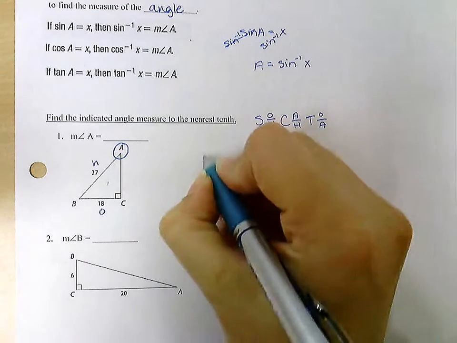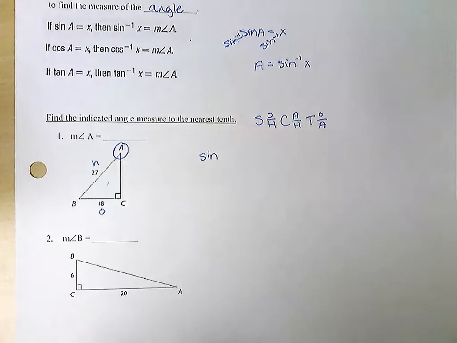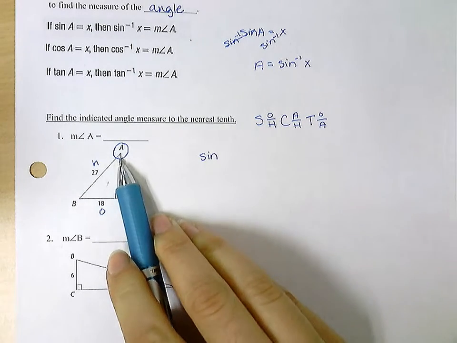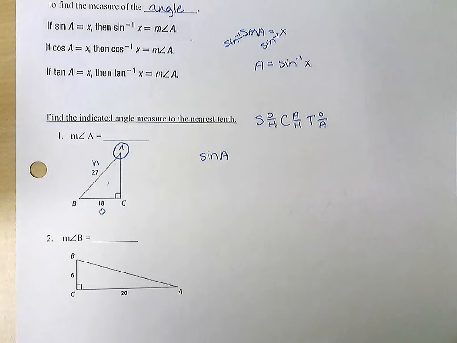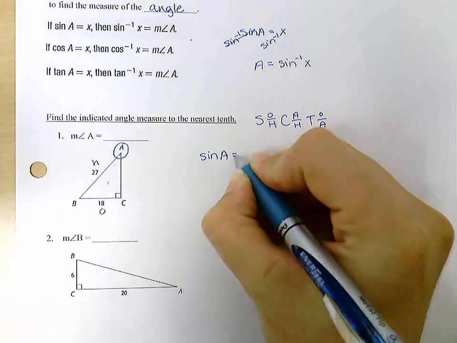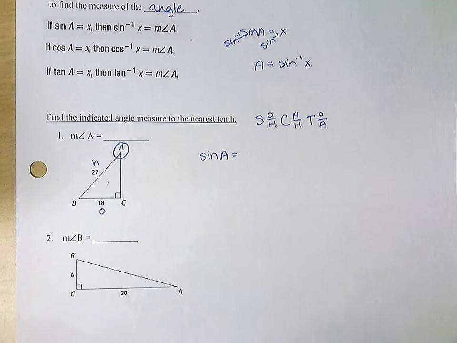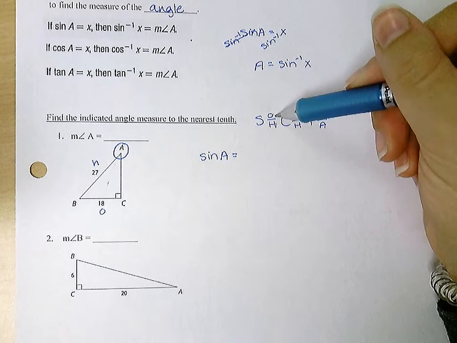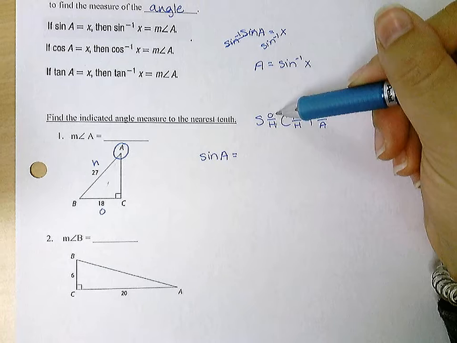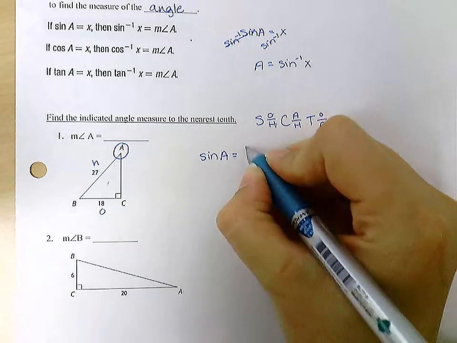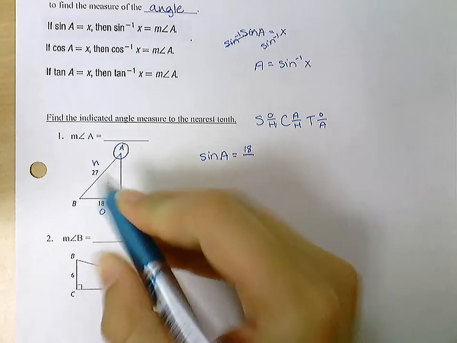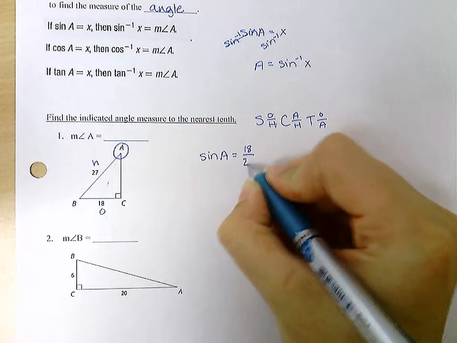Okay, so I'm going to use the sine of the angle I went from. Okay, that's your variable, so I'm going to write angle A. Okay, that's equal to your ratio of sides. Okay, your ratio of sides here, and so is O over H. Okay, so my O value is 18, over my H value is 27.